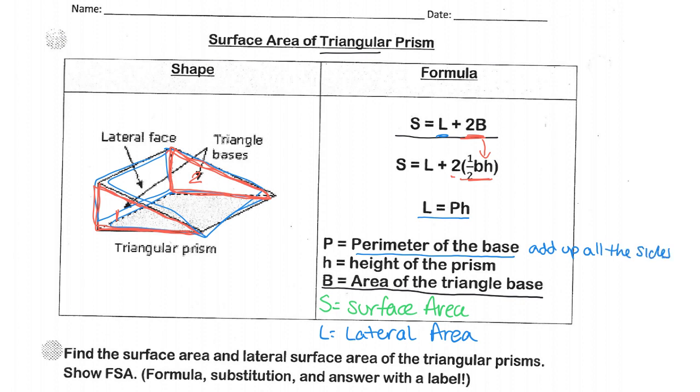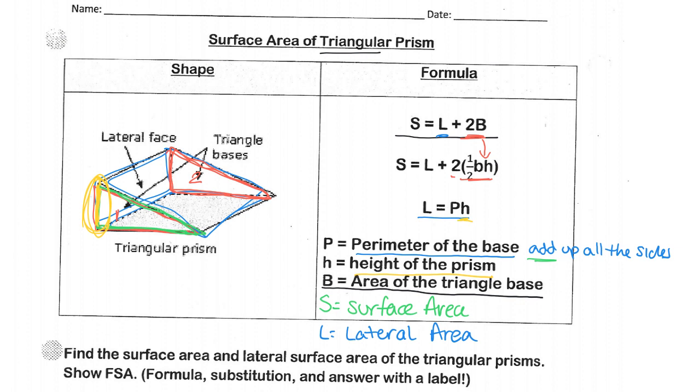So you just add up the first side plus the second side plus the third side. Again, this is of the triangle. So perimeter, you just add them all up. And then the H is the height of the prism. Remember, we said how thick is that prism? And that's this one. This is the height of the prism.